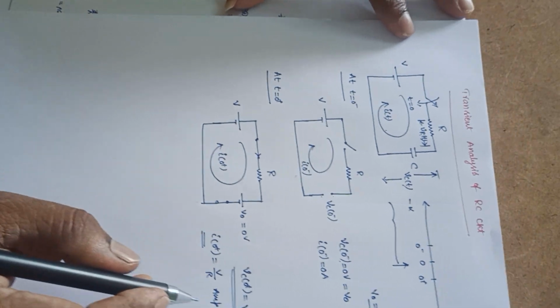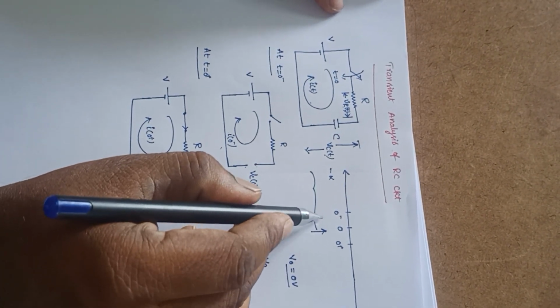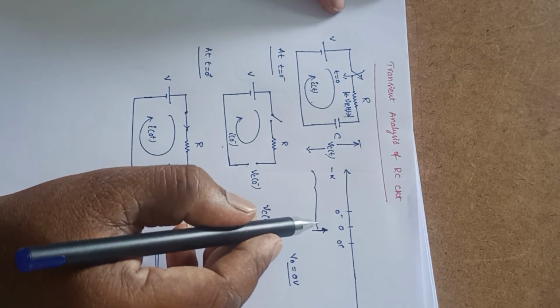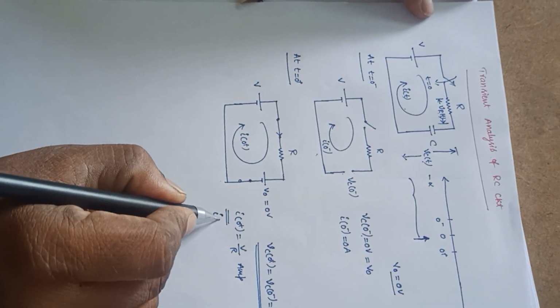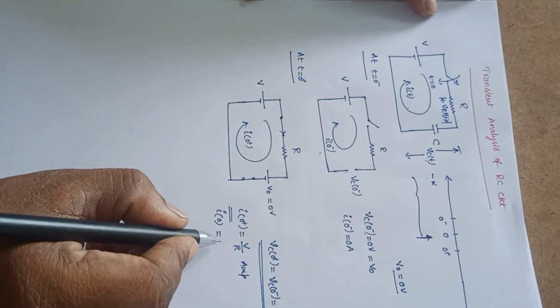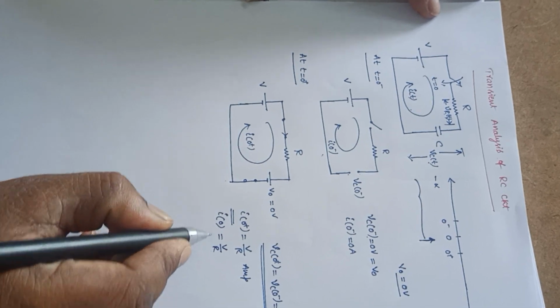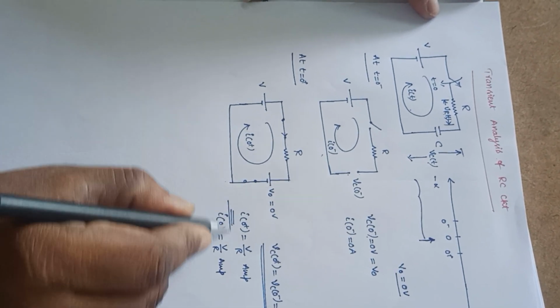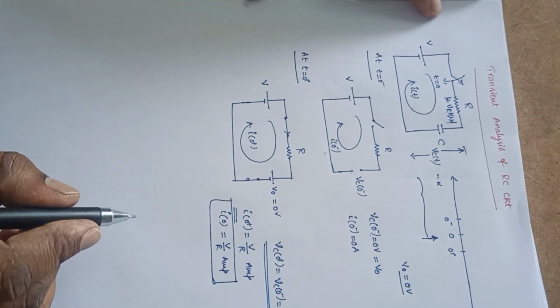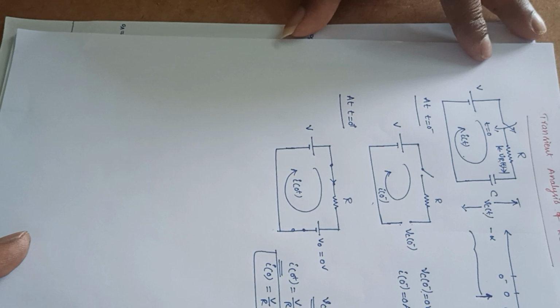At t equal to 0 the switching action is done, and at this 0 itself it is able to change its current from 0 amperes to V by R. It can allow sudden changes in current. So at t equal to 0, the current flowing through the capacitance is V by R amperes.